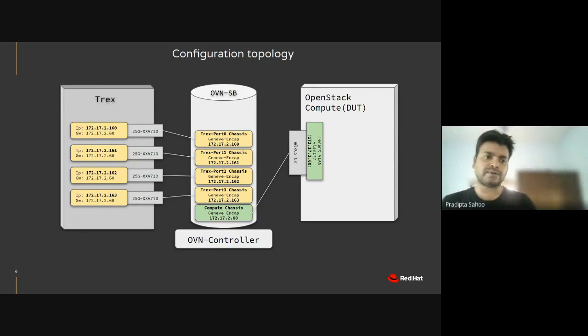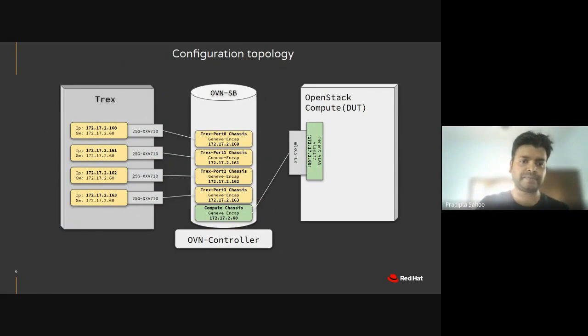Although the Trex configuration is not managed by the OpenStack cluster, as typical SDN behavior, if we need to communicate between outside traffic and the OpenStack cluster, a tunnel endpoint gateway is required to be recognized by the OVN controller.